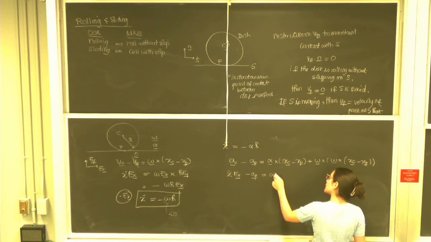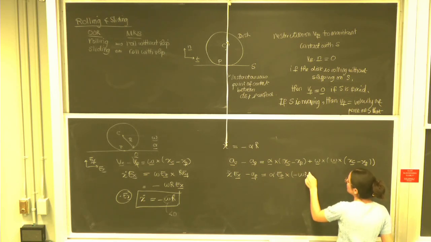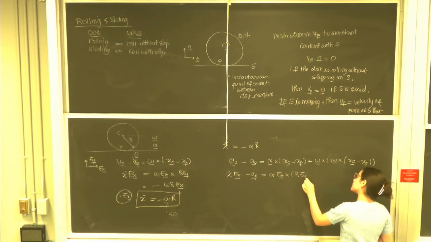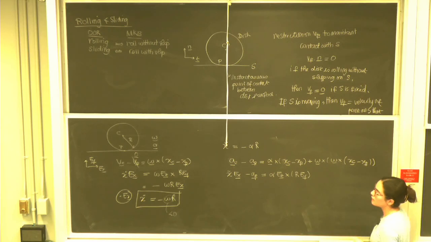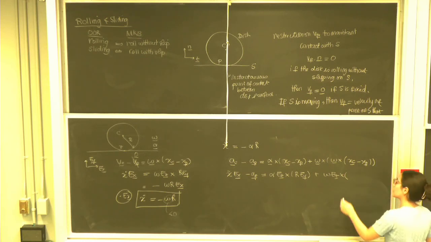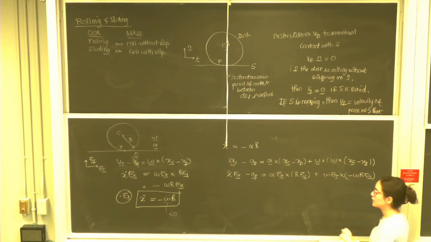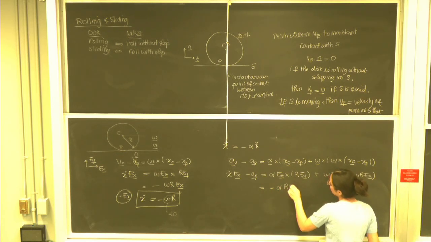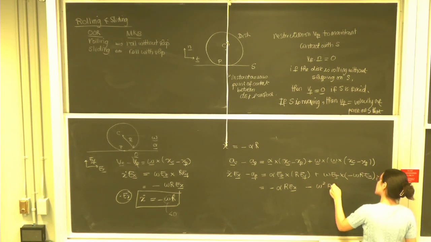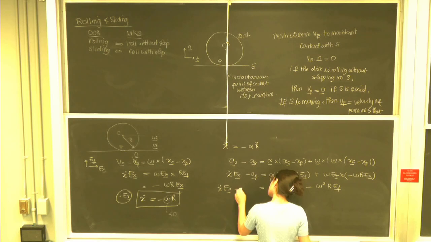Alpha is alpha, easy. Xc minus Xp is minus omega R Ex plus R Ey. Then plus omega Ez cross minus omega R Ex, which gives minus alpha R Ex minus omega squared R Ey, equals x double dot Ex minus Ap.